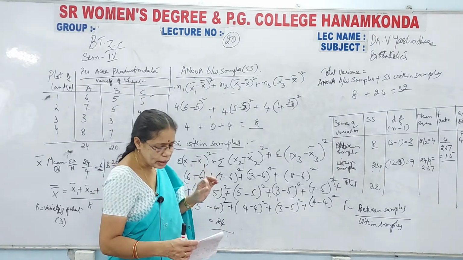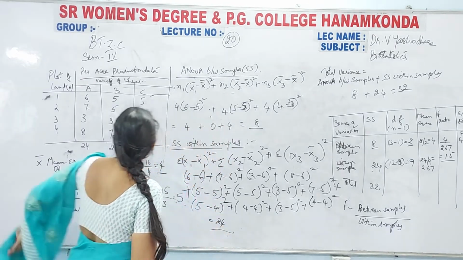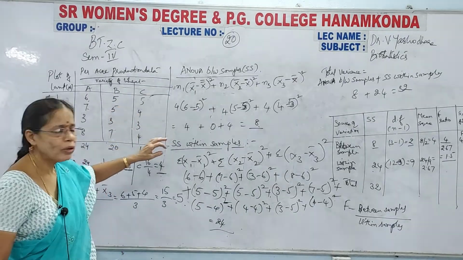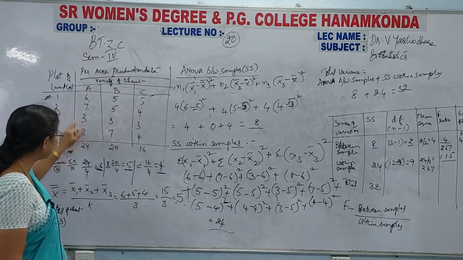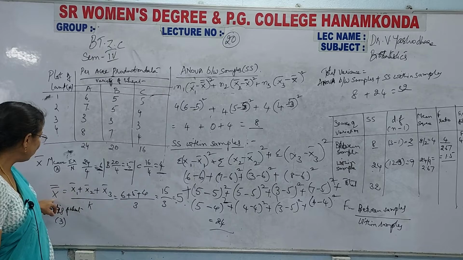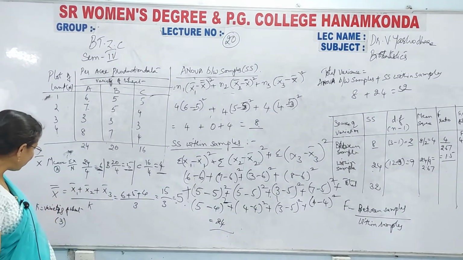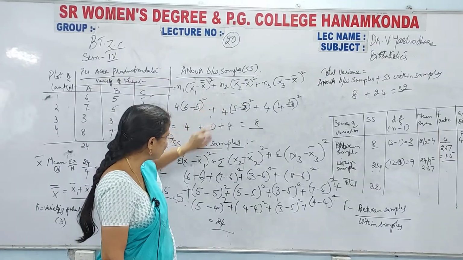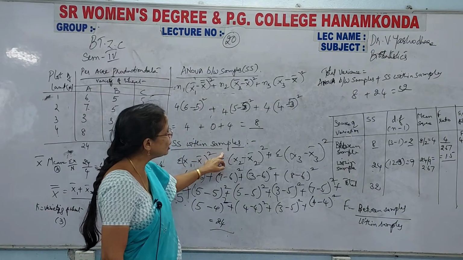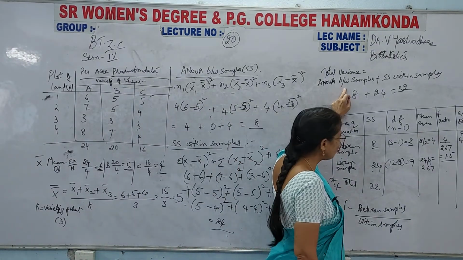So this is known as your ANOVA, that is one-way classification of ANOVA. That is, problem will be given like this. You have to calculate the different means, then your sample mean, then after calculating the sample mean, you have to go for ANOVA between samples and ANOVA within samples. Then you have to calculate total variance.